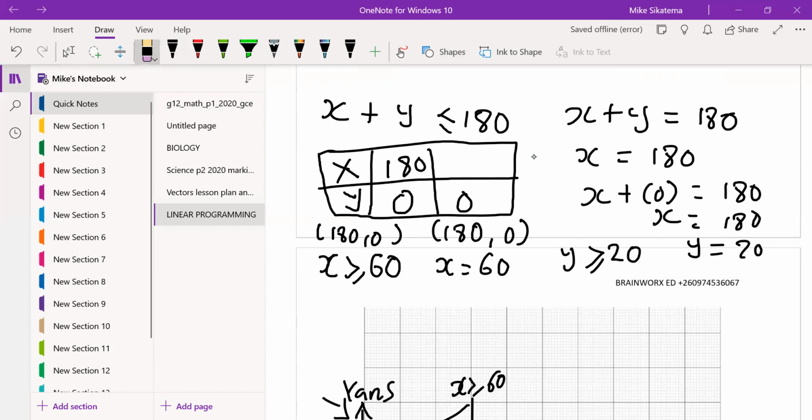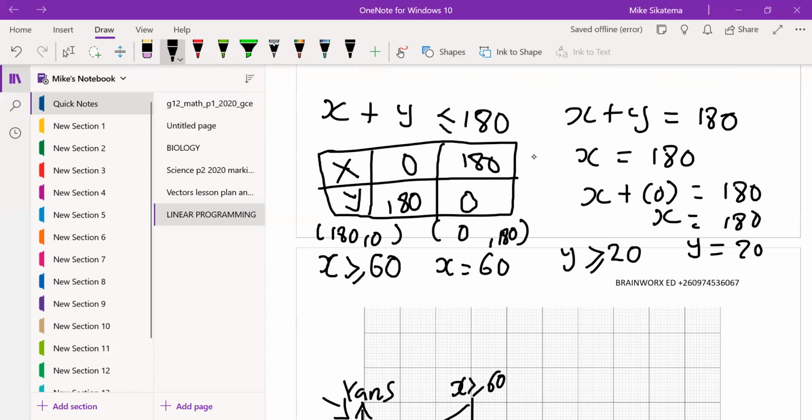Sorry, the coordinates are okay, but when x is equal to 0, y is 108. When y is equal to 0, x is 108. So it should be 0, 108. So these are the coordinates that you have.